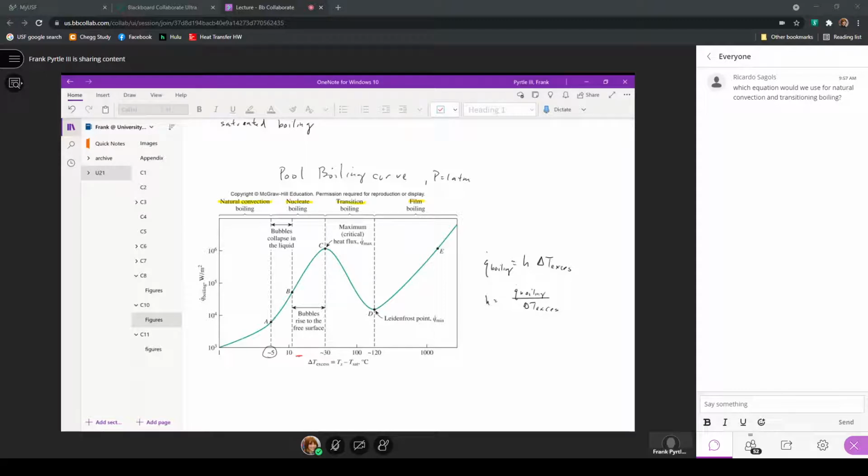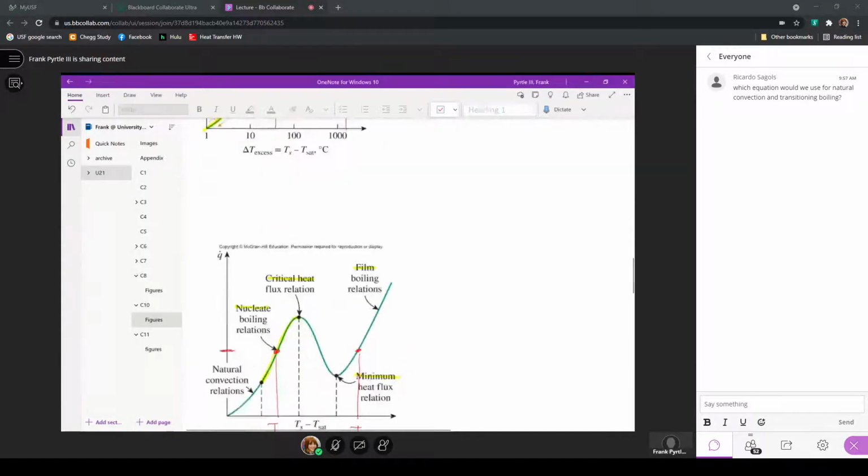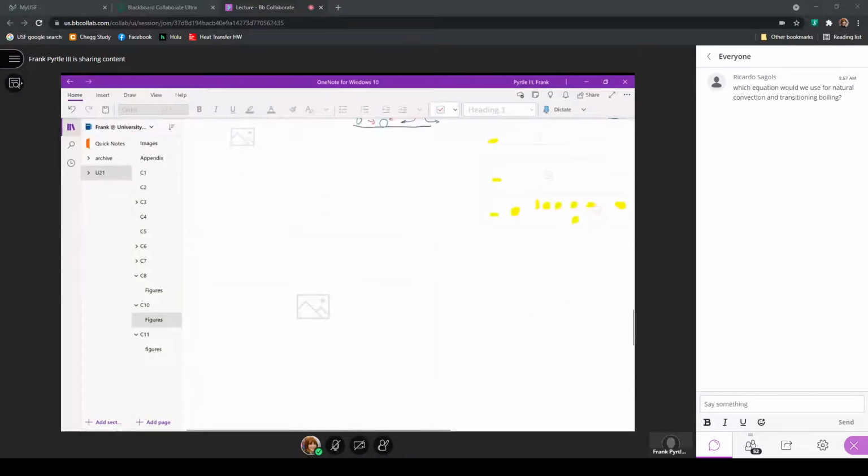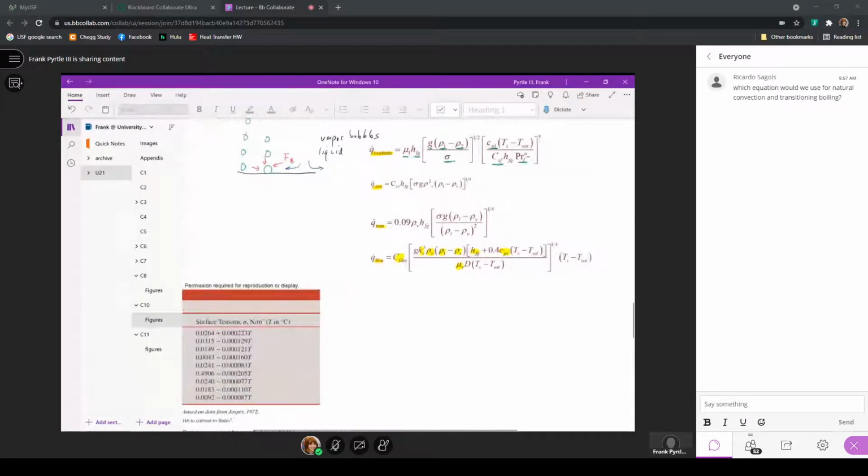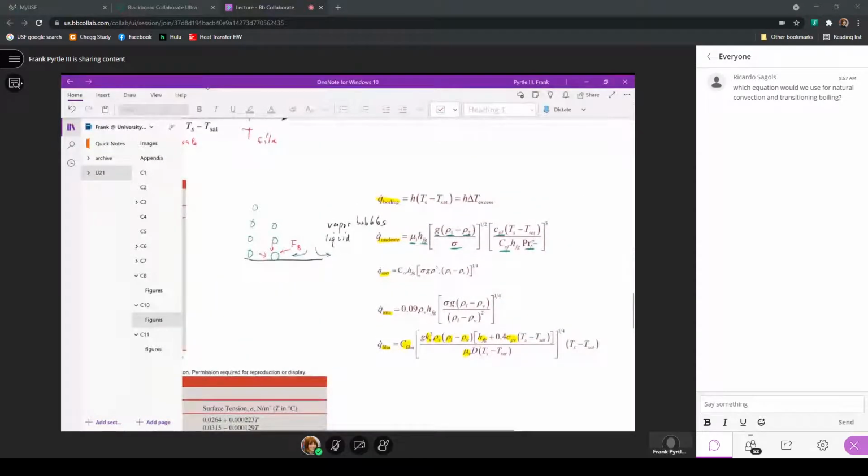So that says, okay, now we have to limit the choices of expressions that we have. When we look at these correlations for heat fluxes, that rules out the heat flux calculation for film boiling and for the minimum heat flux. Also, if it's only a 5-degree temperature difference, we're definitely not at the critical heat flux.